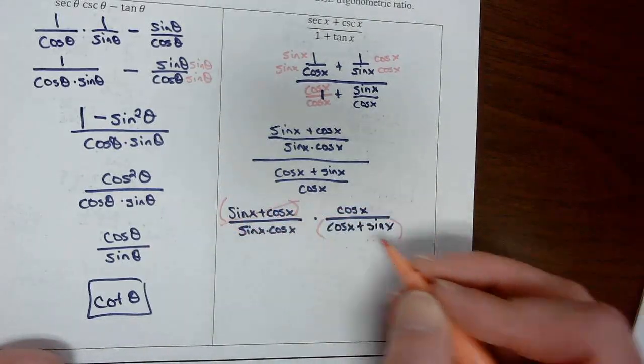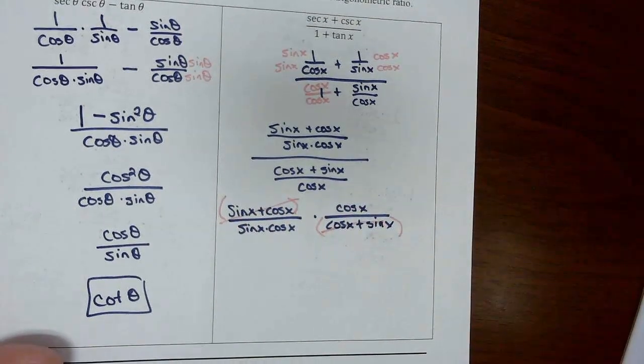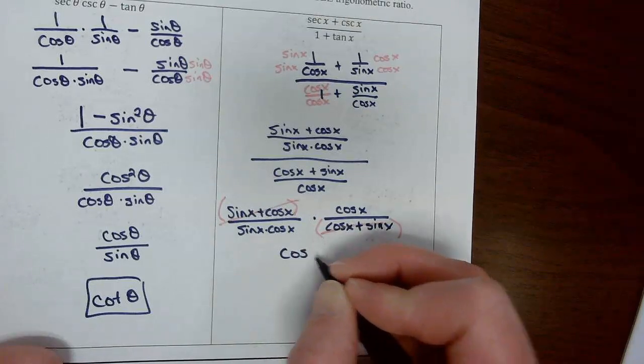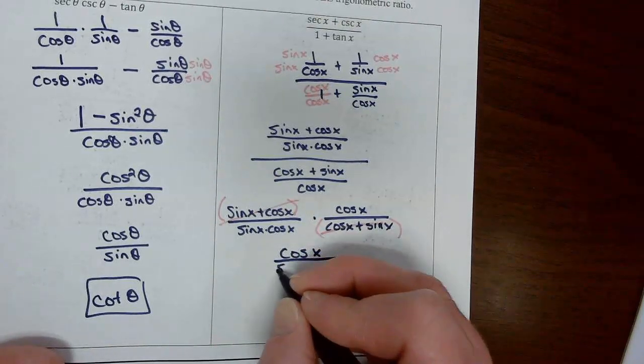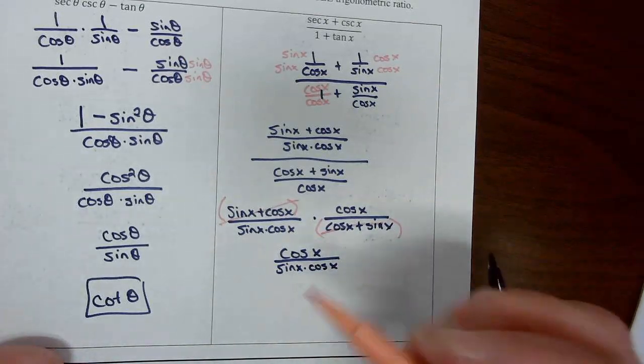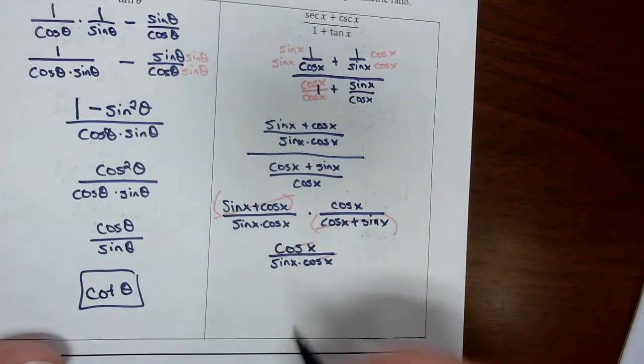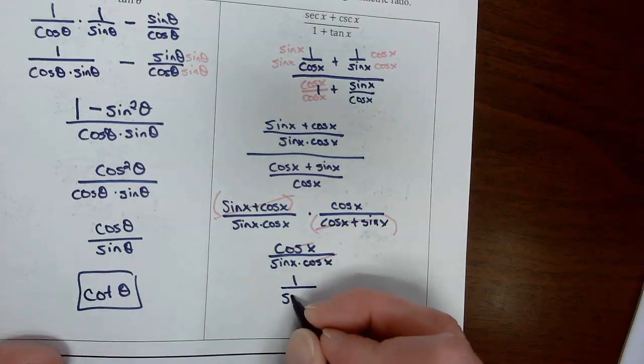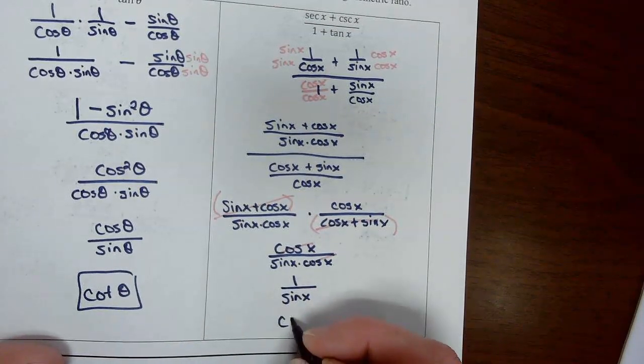But the whole thing matches, so that can divide. And that would leave me with cosine x over sine x times cosine x. Well, again, the cosines would cancel here because everything's being multiplied. And I get 1 over sine x, which is cosecant x.